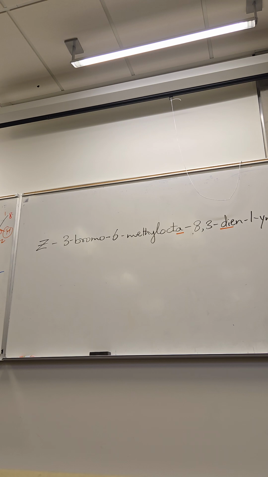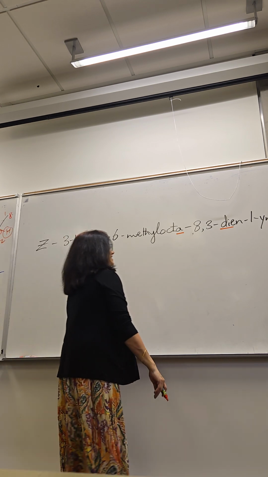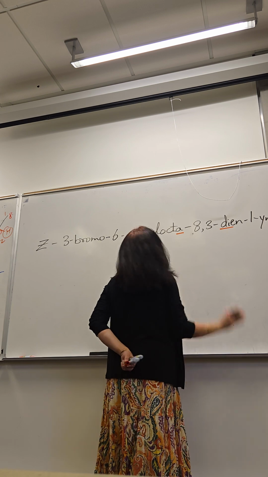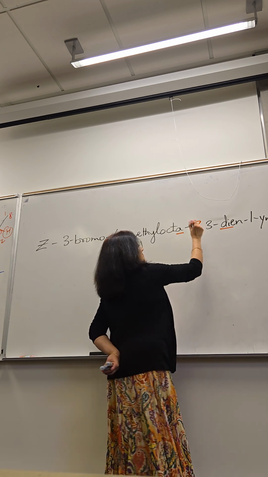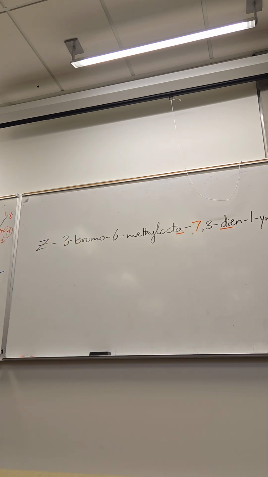Ah! Thank you. I'm just figuring it out. Is that better? Yeah, how can you have an alkene starting at 8 if there are only 8 carbons total? Not possible. Let's make it 7.